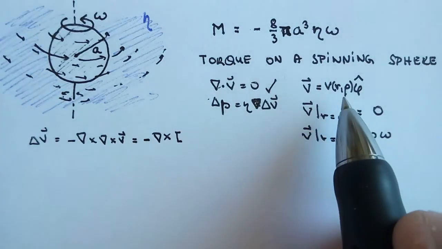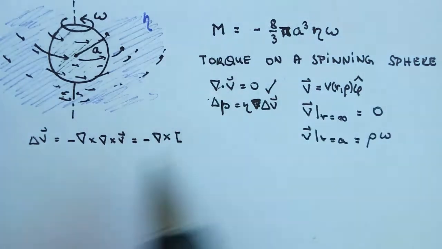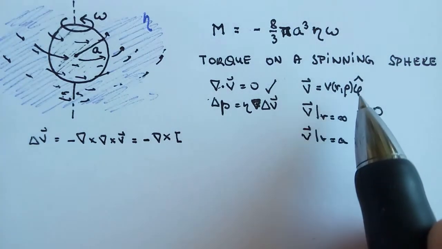It's minus curl of v. We will compute it very easily, because it's nabla acting on this and nabla acting on this, by the Leibniz rule.